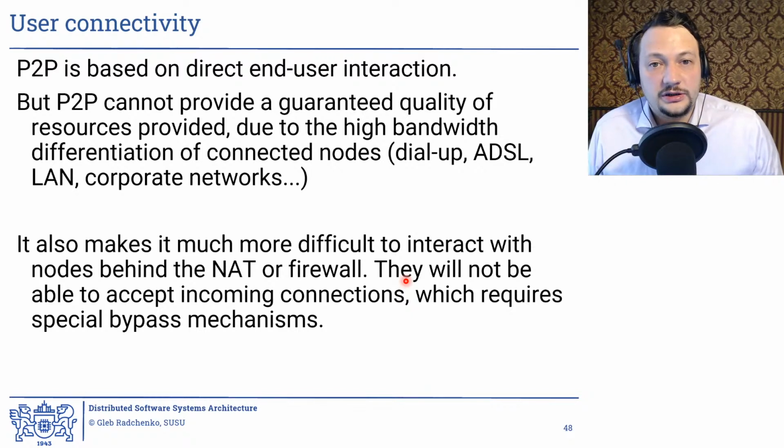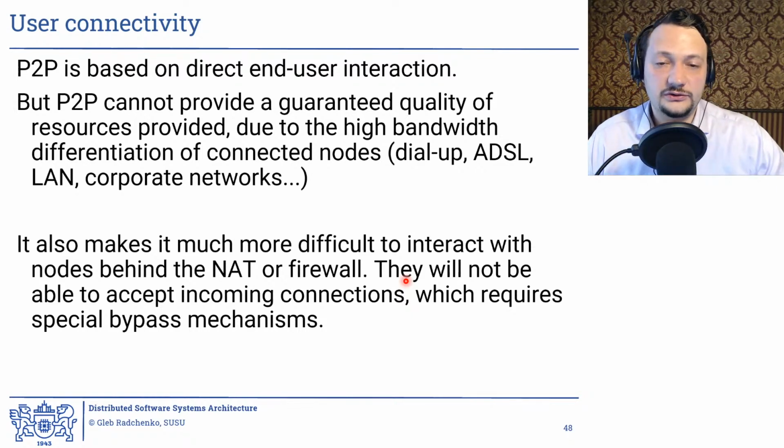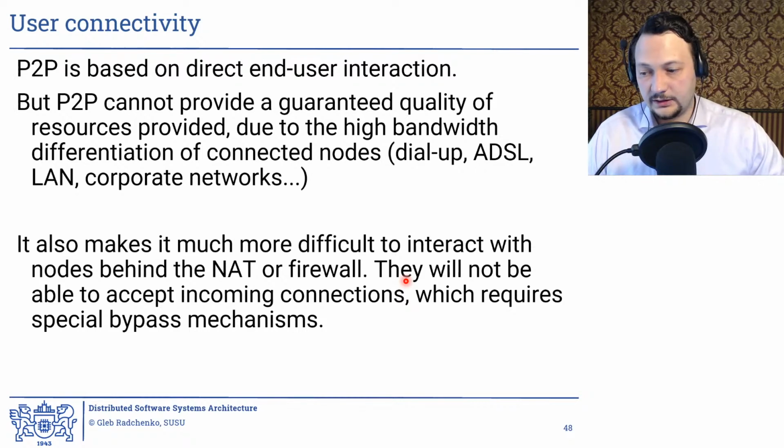Peer-to-peer is all about direct end-user communication and interaction. But it cannot provide you the guaranteed quality of resources and quality of service, because each of the peers has its own network, with its own limits on network speed and capacity.